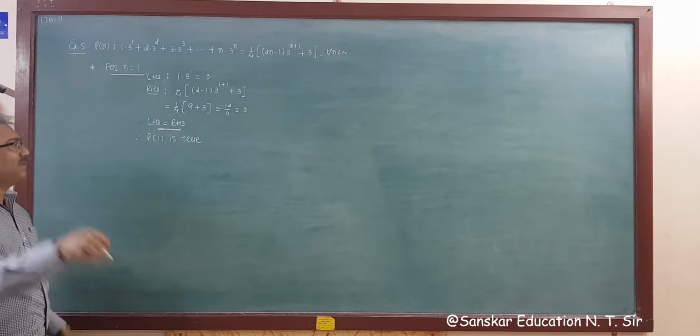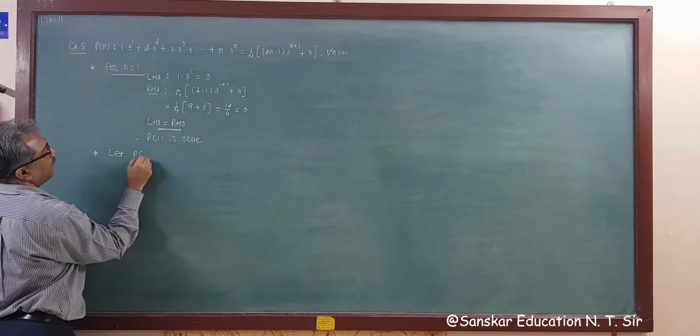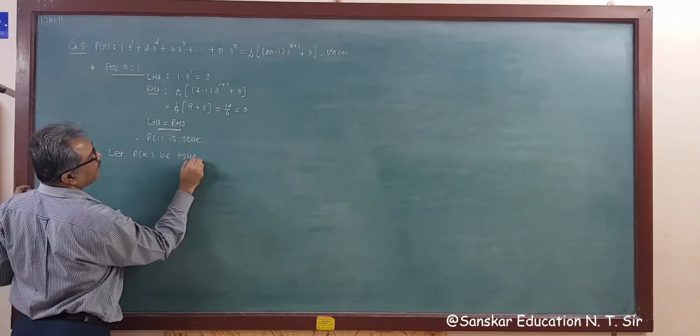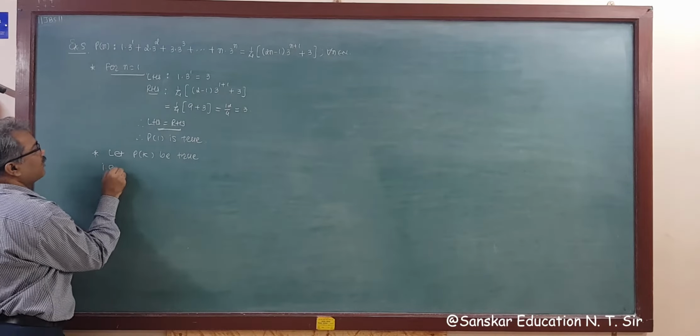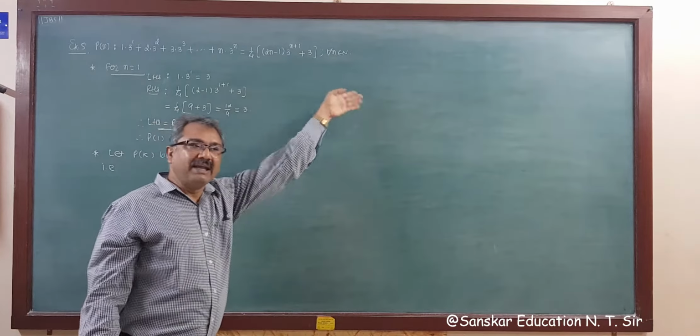Now second step. Let Pk be true. That is, you have to replace n by k in Pn.